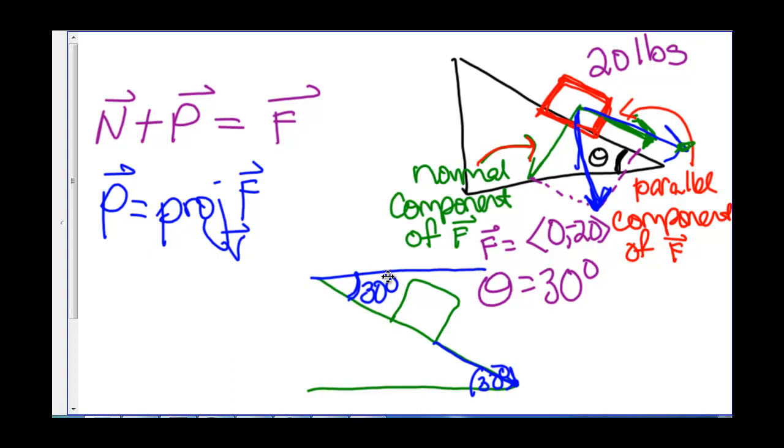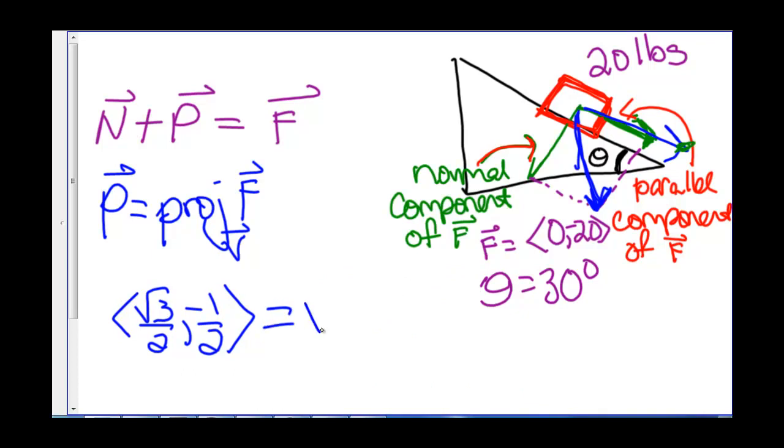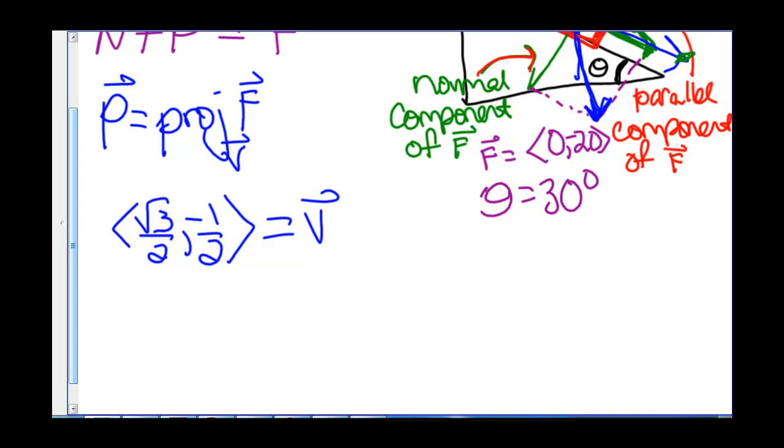So if we look at just 1 unit's distance, what would the position be? Well, at 30 degrees, or negative pi over 6, we are at the vector square root of 3 over 2, negative 1/2. So that is our vector v.